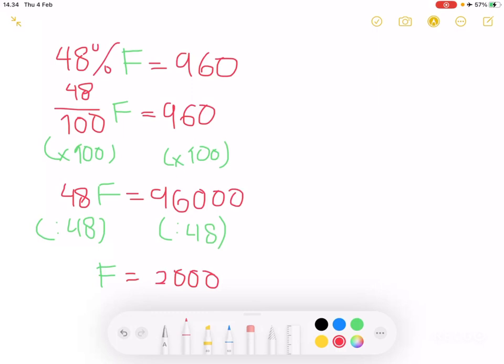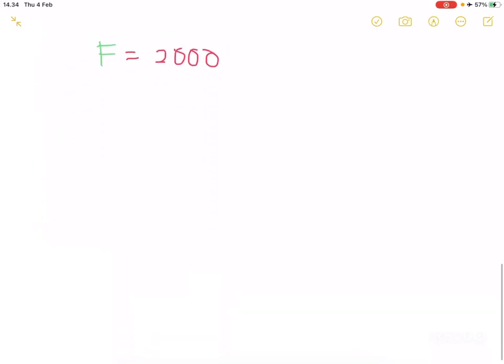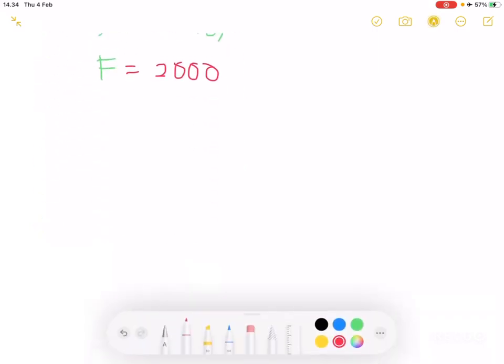So I would consider doing another example for this. Let's say that 30% of capital B is 279.